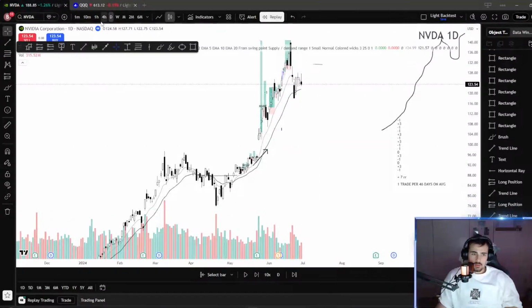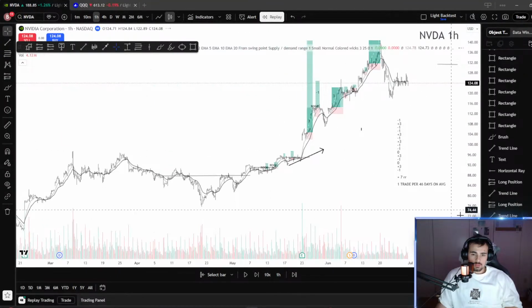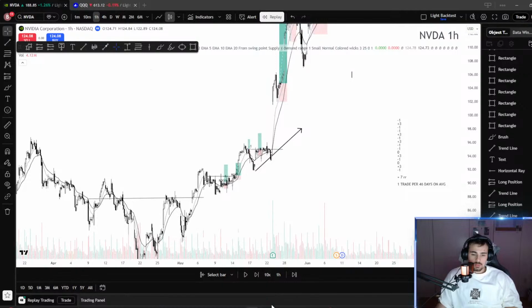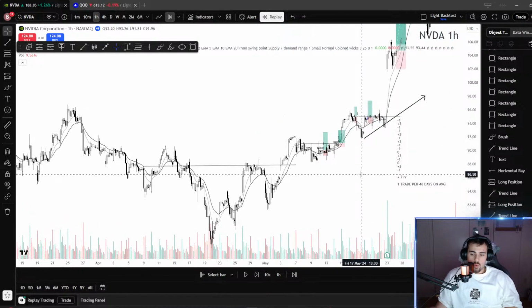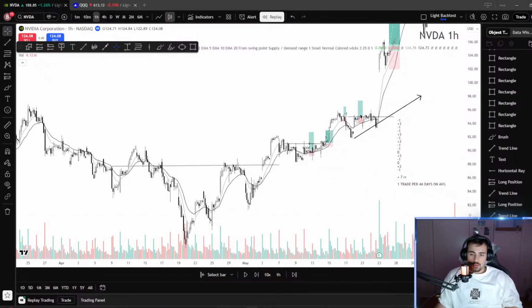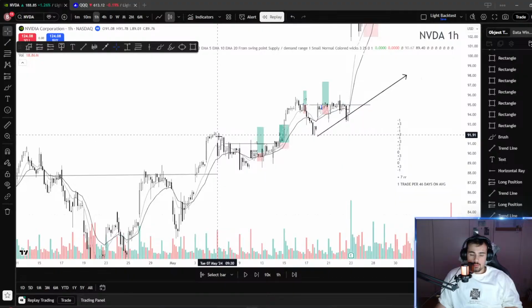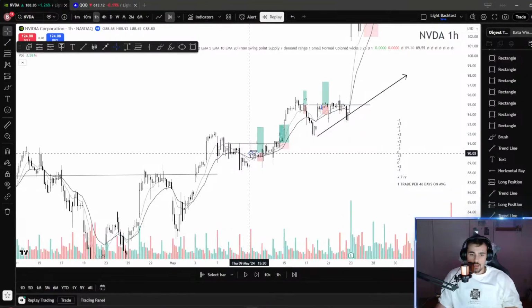Now, my 1 hour for these trades here. Remember, my 1 hour rules are the same as my daily rules, just happening on a smaller fractal. So price moves down and then moves sideways for a bit here in this area, then breaks back up where this trade was met.